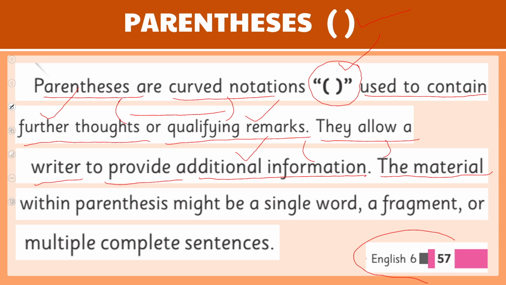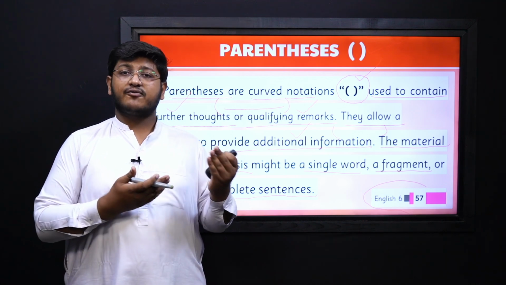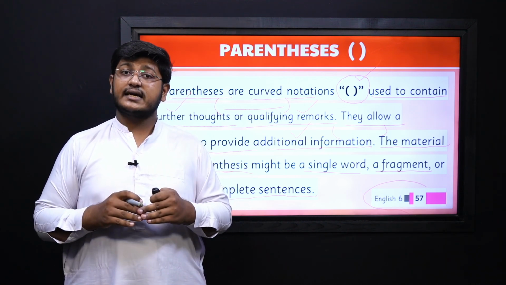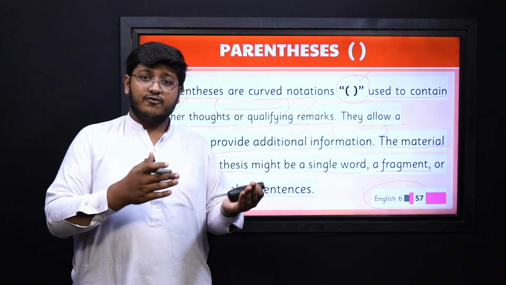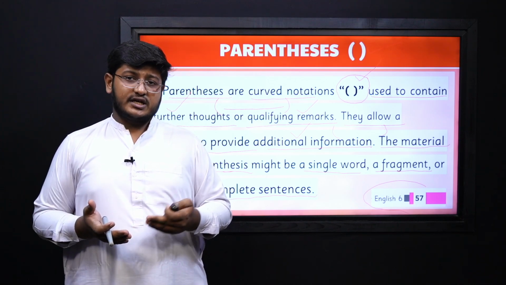The material within a parenthesis might be a single word, a fragment, or multiple complete sentences. So in the parenthesis there can be a word, a phrase, a clause, or a number of sentences which a writer wants to give as information about the main text.